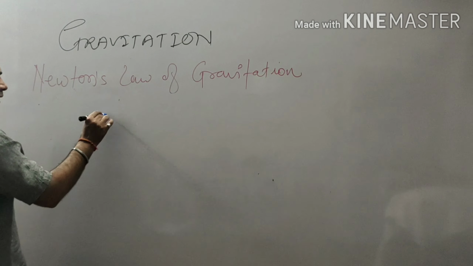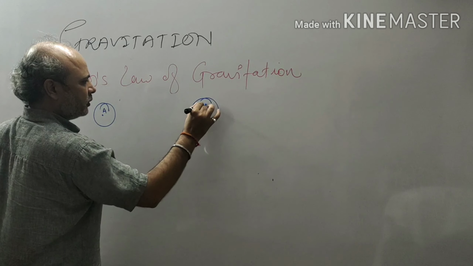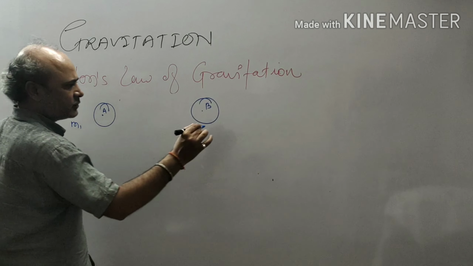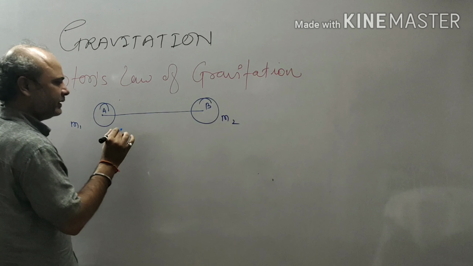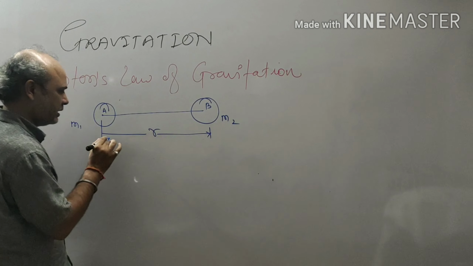Object A has mass m1 and object B has mass m2, and they are separated by a distance of r.